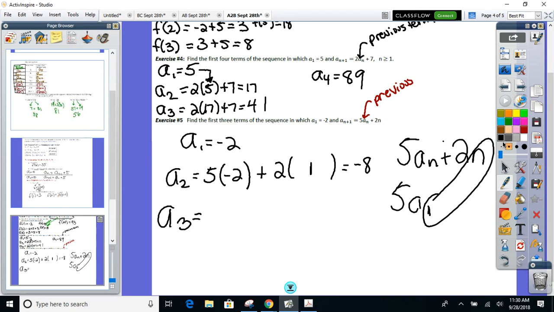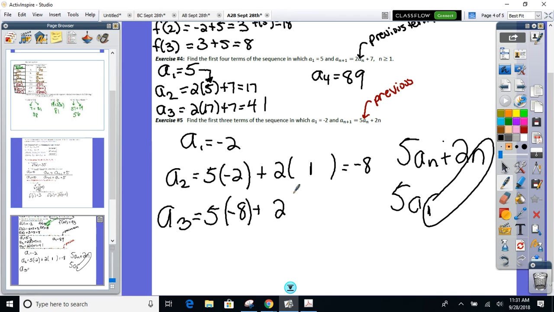Next now, third term. I still got to do 5, now not times negative 2, but negative 8 plus, okay, now it says plus 2n, right? What term was negative 8? Second term. So what would have been my n value here? 2.